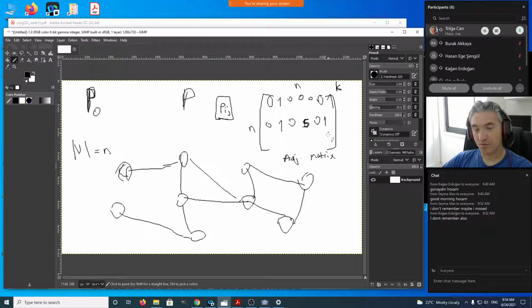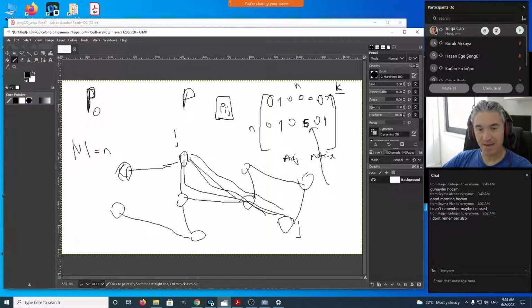The kth power of this matrix shows exactly how many different paths there are between i and j of length exactly k. For example, if you have a node i here and a node j here, there's a path here, there's another path here, there's another path here, there are 3 paths.